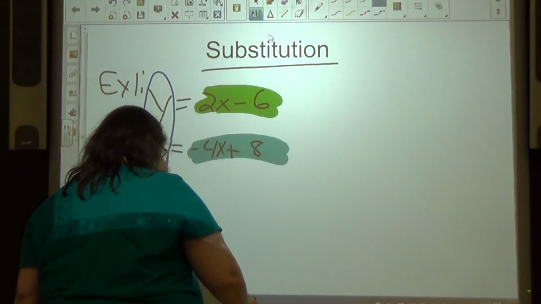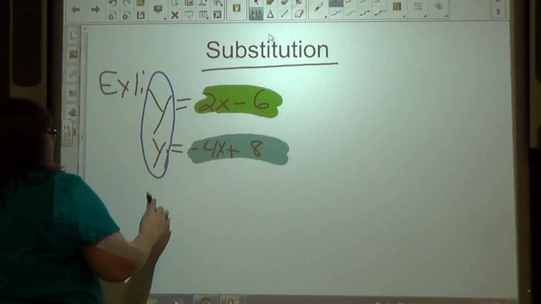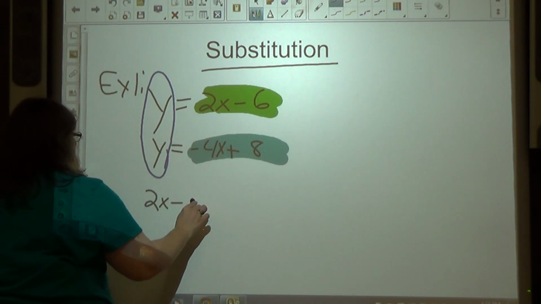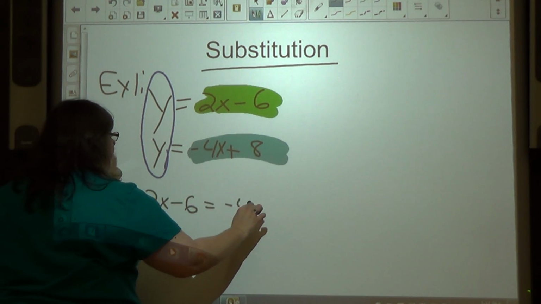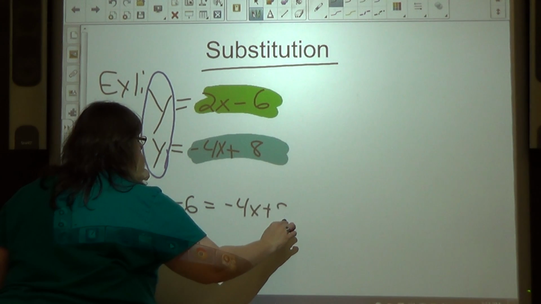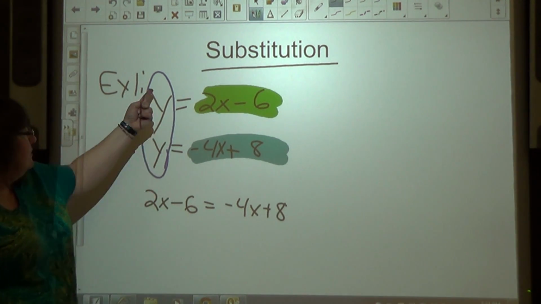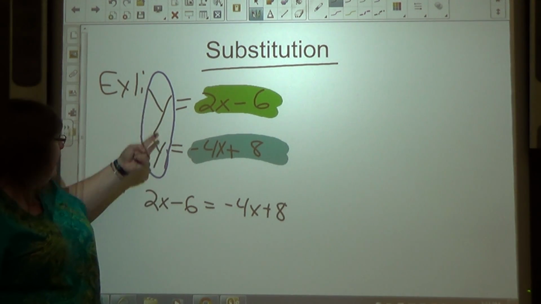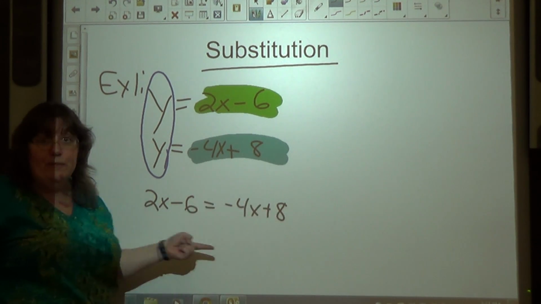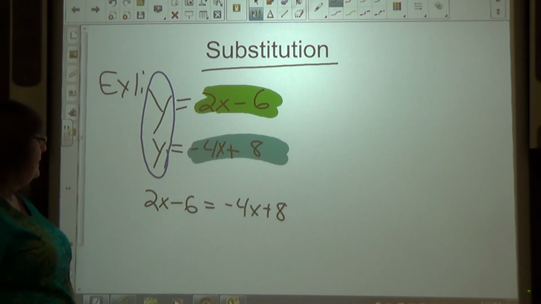So, what does that look like? Well, I want 2x minus 6 equal to negative 4x plus 8. Because they are both equal to y, where these y's are equal, the x's should be equal as well, okay?